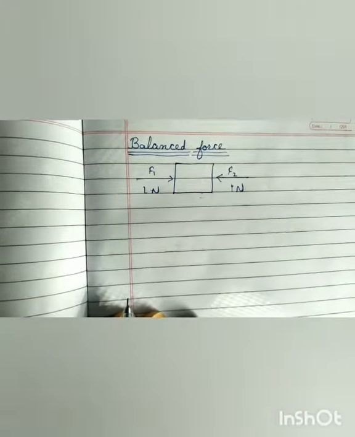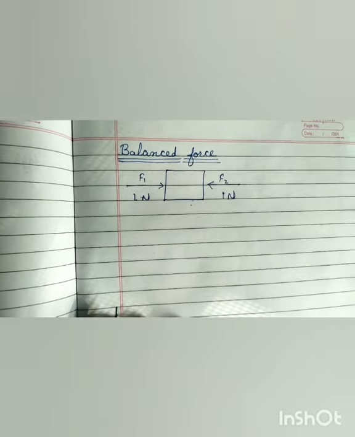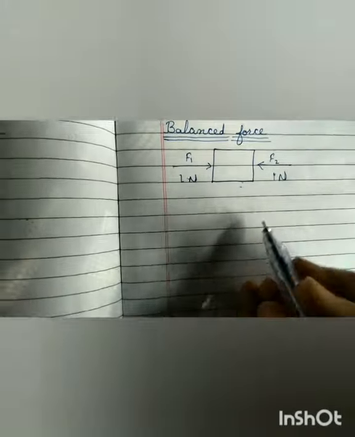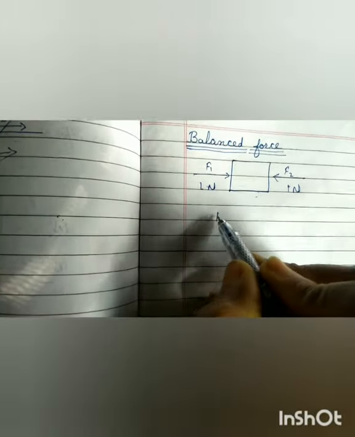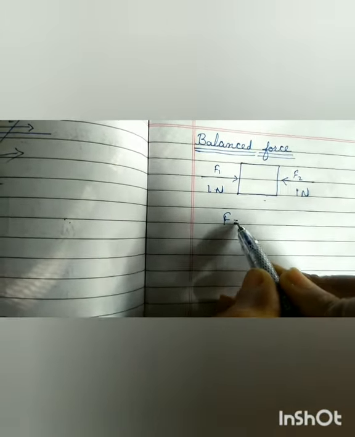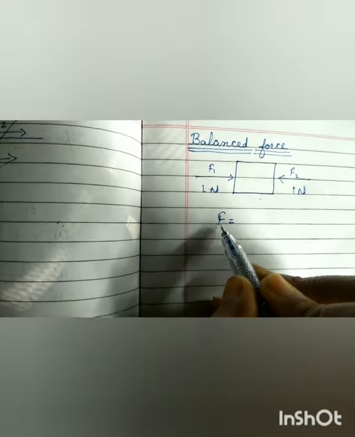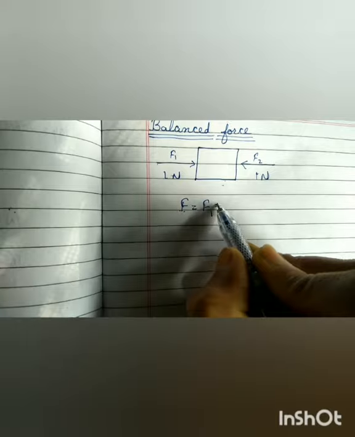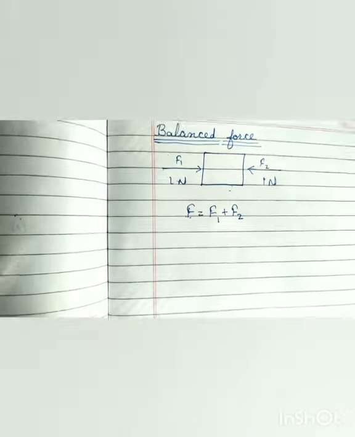Now to find the resultant force, that is the total force which acts on this object, the formula is F, the resultant force, is equal to F1 plus F2.